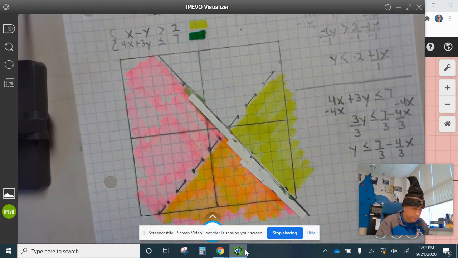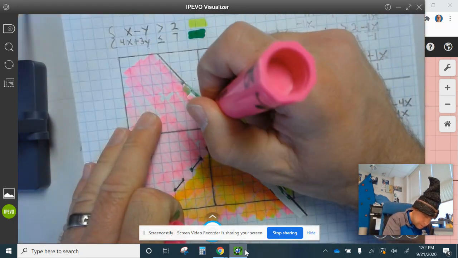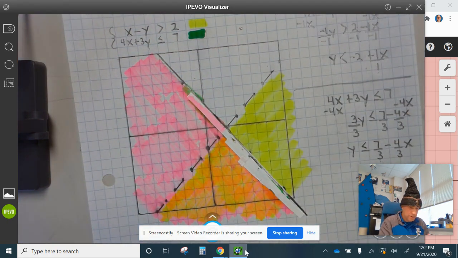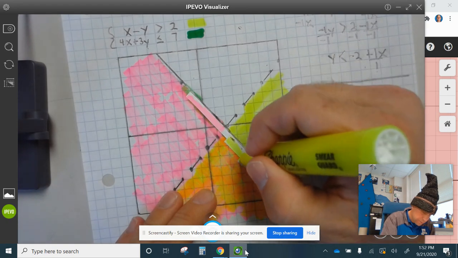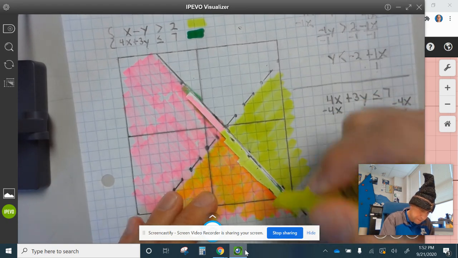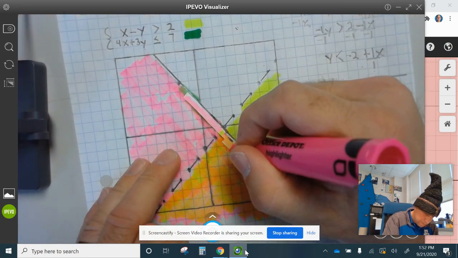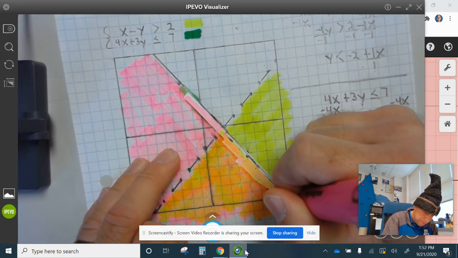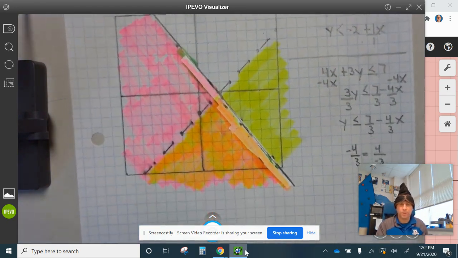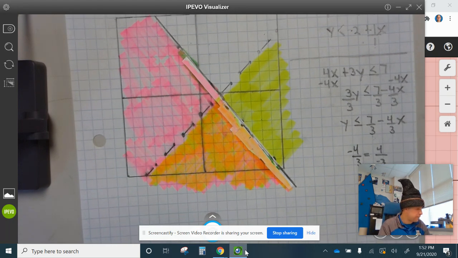And so here, there we go. And then we can color this in yellow. And there you go. Bic whiteout, save the day.